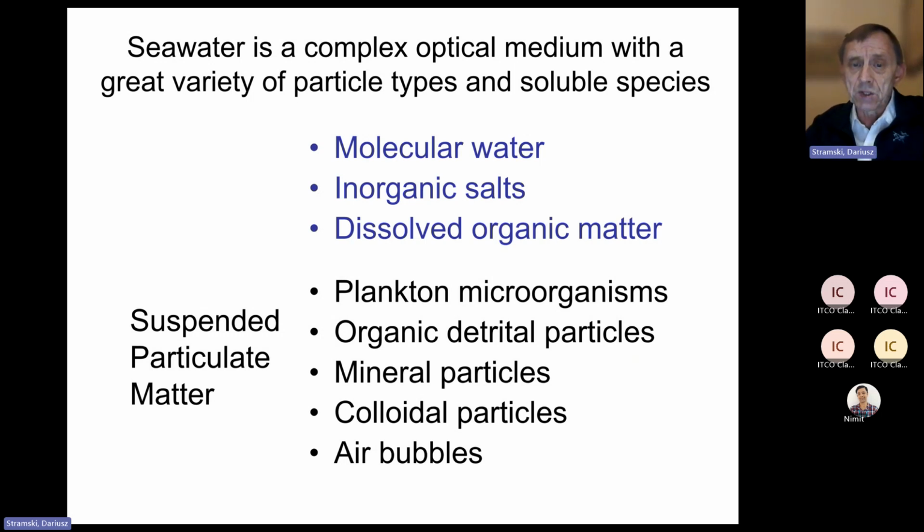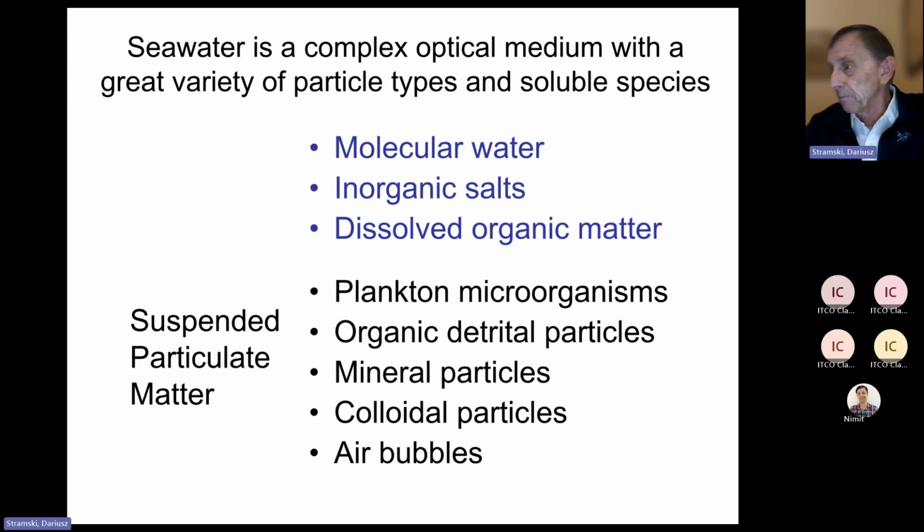But even within each broadly defined particulate component, there are very many diverse types of particles of different sizes, chemical compositions, and functions in the ocean, and each of these particle types absorbs and scatters light differently.